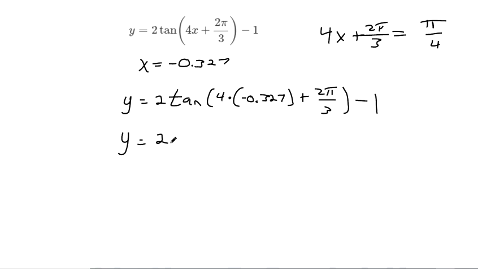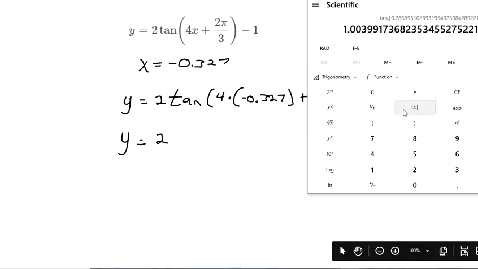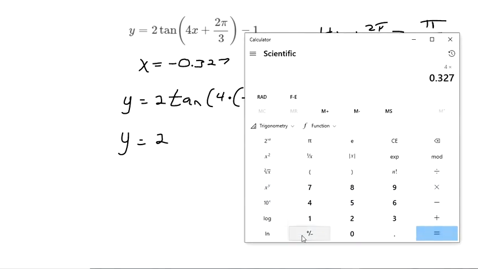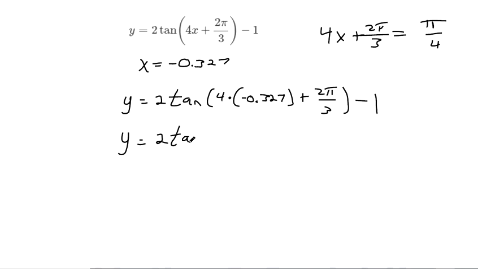Okay, so if we do that, I'm going to simplify 4 times 0.327 when it's negative. That gives us negative 1.308. And then we need to add 2 pi over 3.